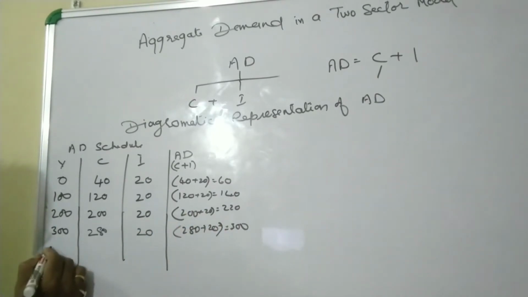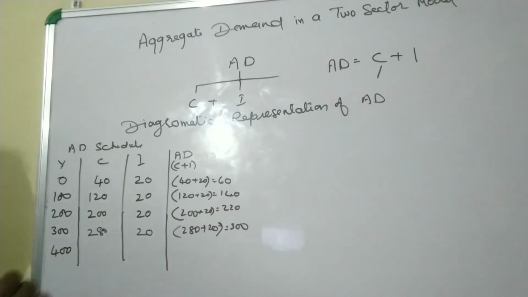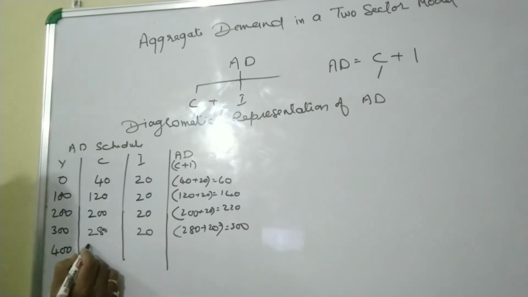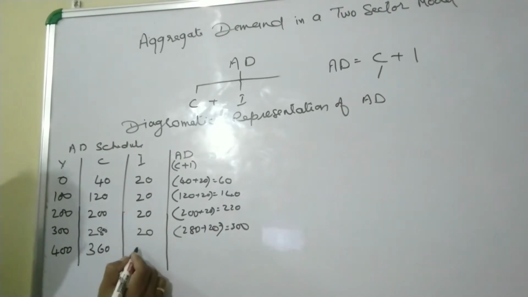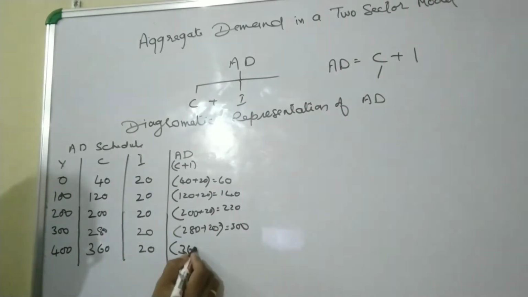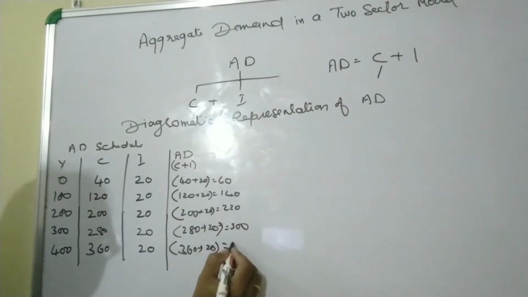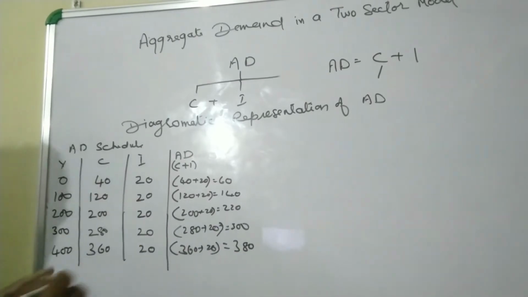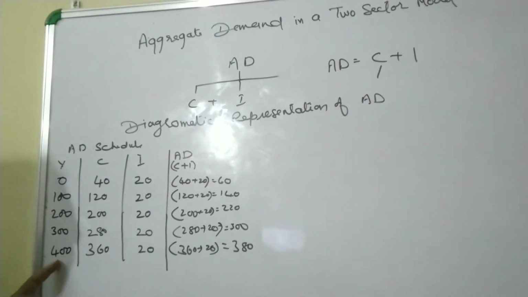Now your income still goes on increasing, now that is becoming 400. Then your consumption expenditure, that is C, is going to be 360. Then your investment expenditure is 20. So 360 plus 20, that is going to be 380. So your income is 400 and aggregate demand is 380.